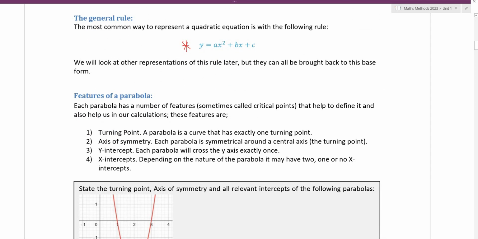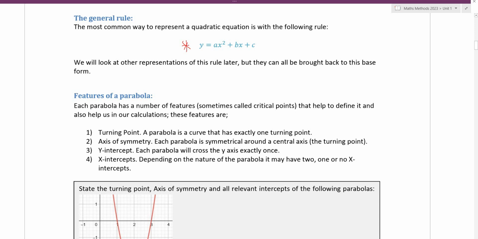There is a y-intercept. Each parabola will only ever cross the y-axis once. The reason why is it's a function. A function can only ever touch the y-axis once. If it touched it twice, why would that stop it being a function?